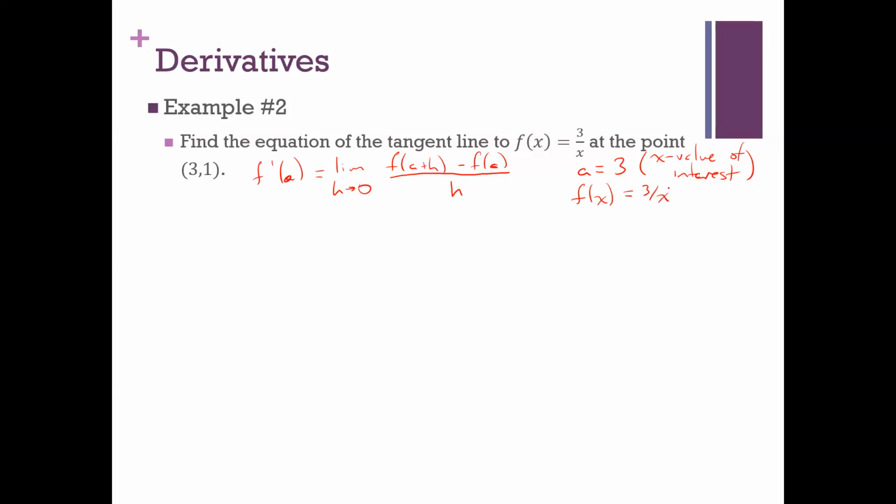So based on those two things, I can start working towards finding this derivative. So not f prime of a, I want f prime of 3. That's going to be equal to the limit as h approaches 0 of, for now I'll just do this, f of 3 plus h minus f of 3 over h.